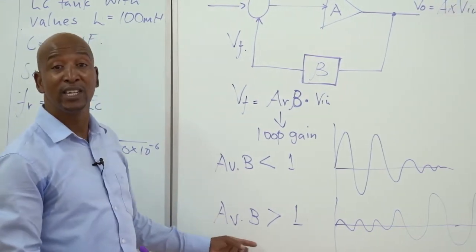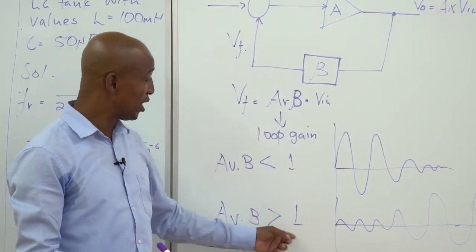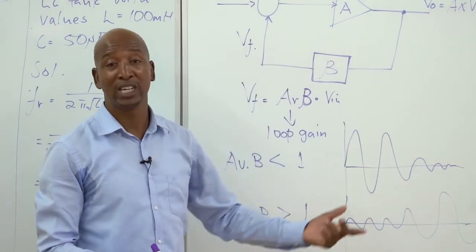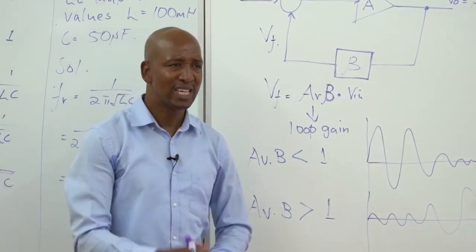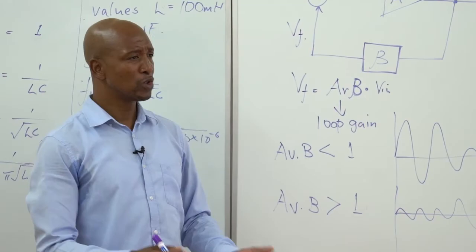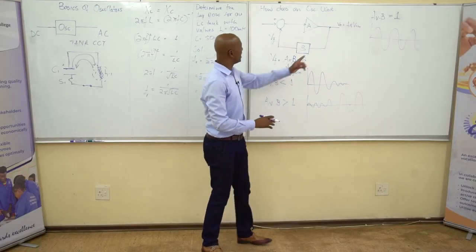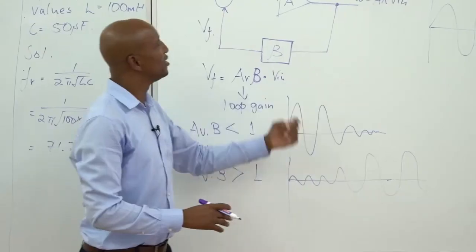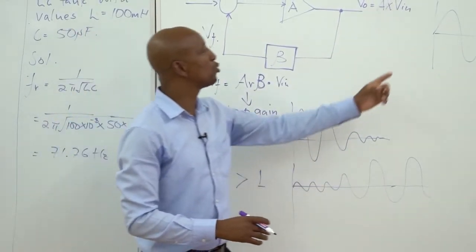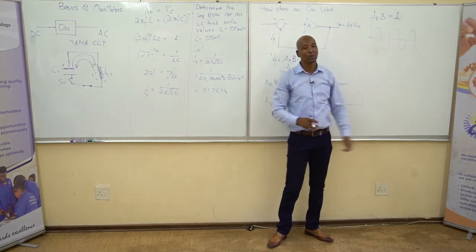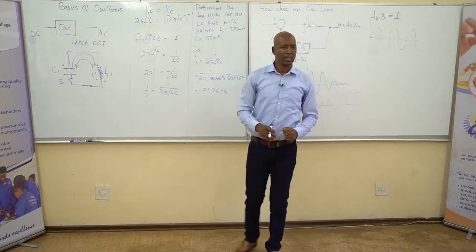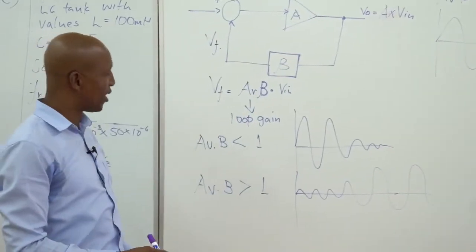If loop gain is greater than 1, our oscillation will tend to increase. So it doesn't suit oscillation. So condition number 1 for oscillation: the loop gain must be equal to unity, or 1.